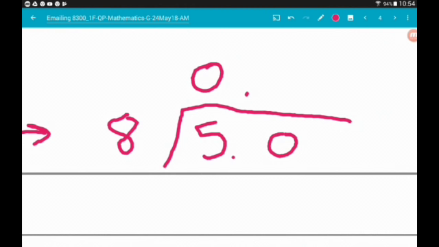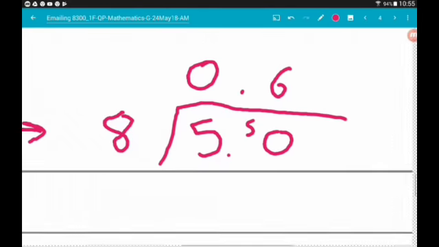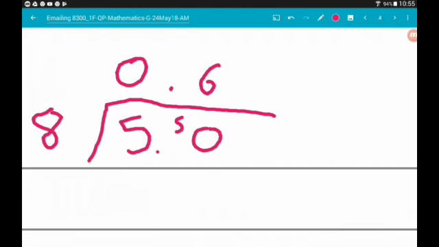Now we carry the 5 onto the 0 and ask how many 8s are in 50, which is 6. 6 8s are 48. That gives us a remainder of 2, so we make ourselves another 0, carry the 2 onto it. 8s into 20 go twice, which is 16, so now there's a remainder of 4.